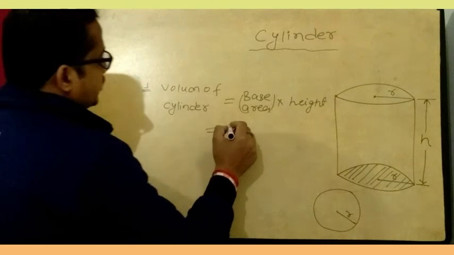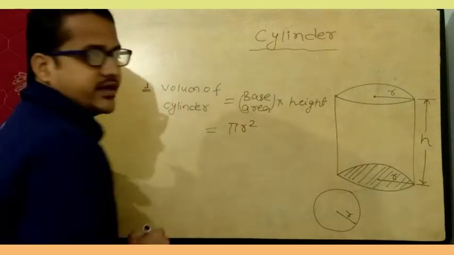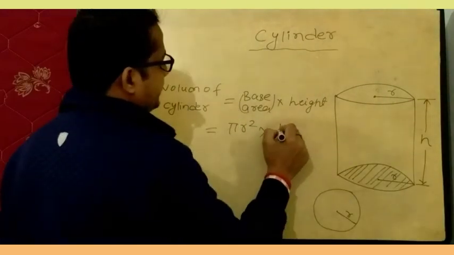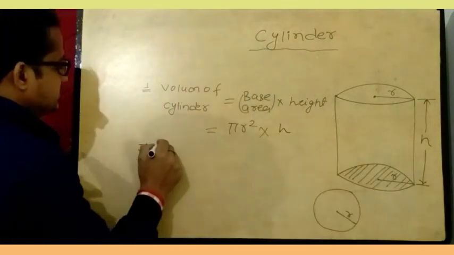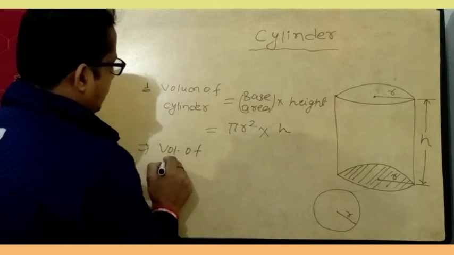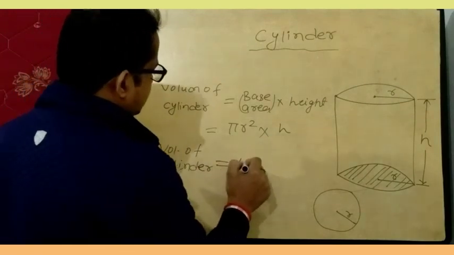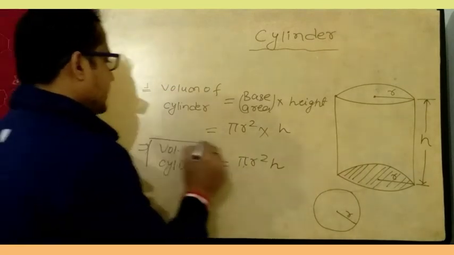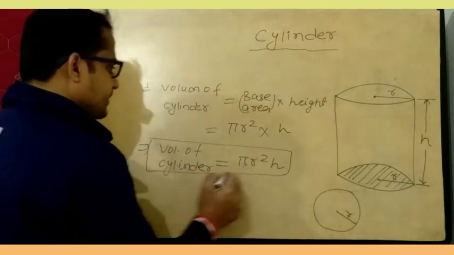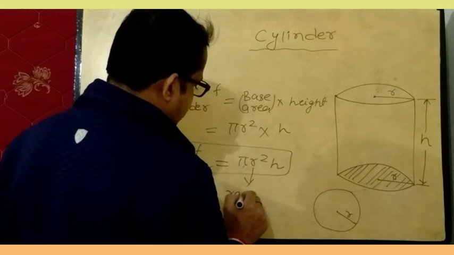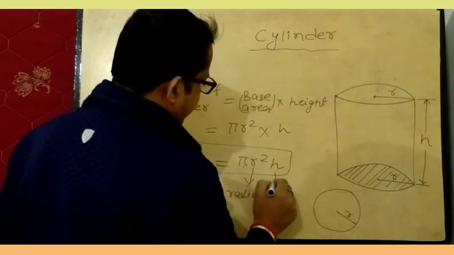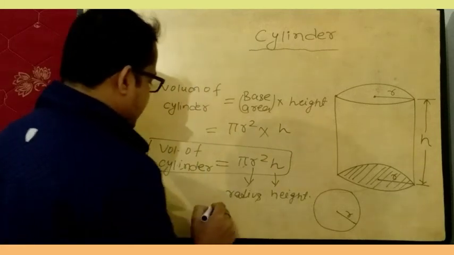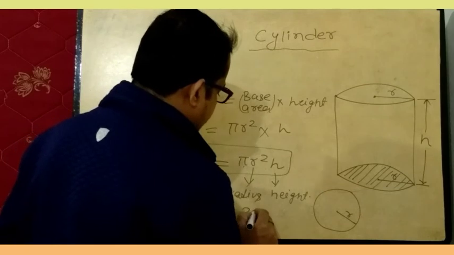So area of circle is pi r square, multiplied by the height of cylinder, which we have assumed h. That is, volume of cylinder equals pi r square h, where r is radius and h is height of the cylinder, and pi equals 22/7.